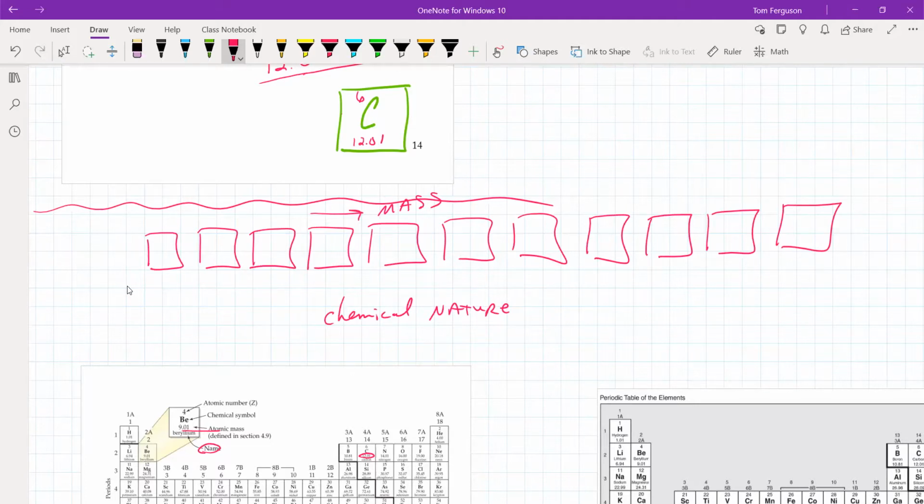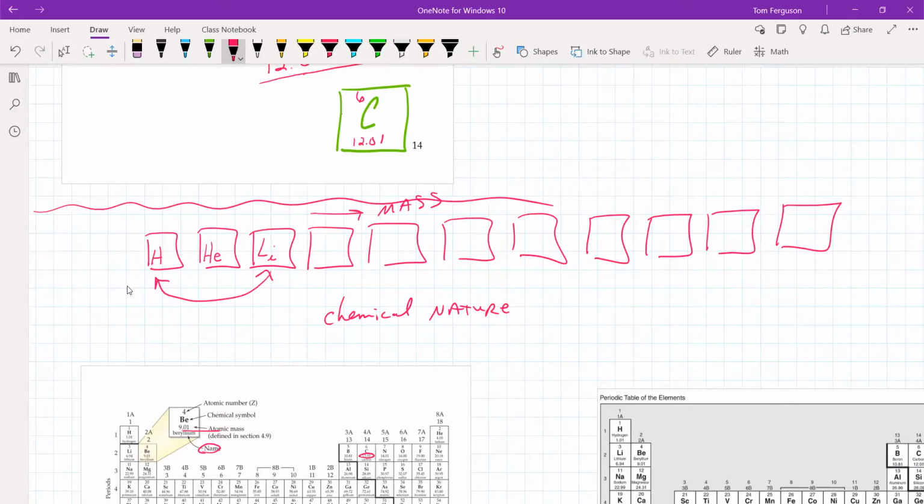For example, as they were going along, they noticed that lithium and hydrogen had similar chemistry, its chemical nature, and the ions it formed were similar, almost the same.